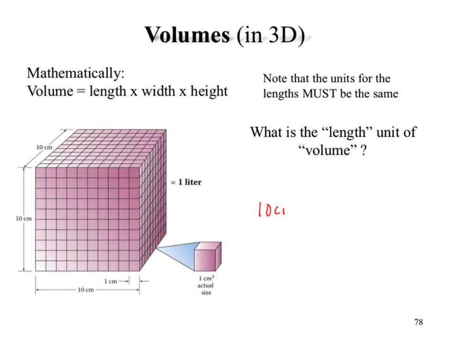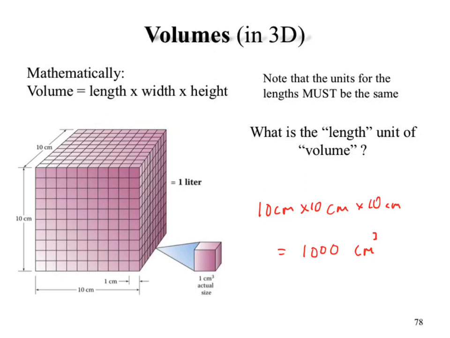Well, 10 centimeters by 10 centimeters by 10 centimeters is 1,000 centimeters cubed. What does the word cubed begin with? C. What is cc? Cubic centimeter.